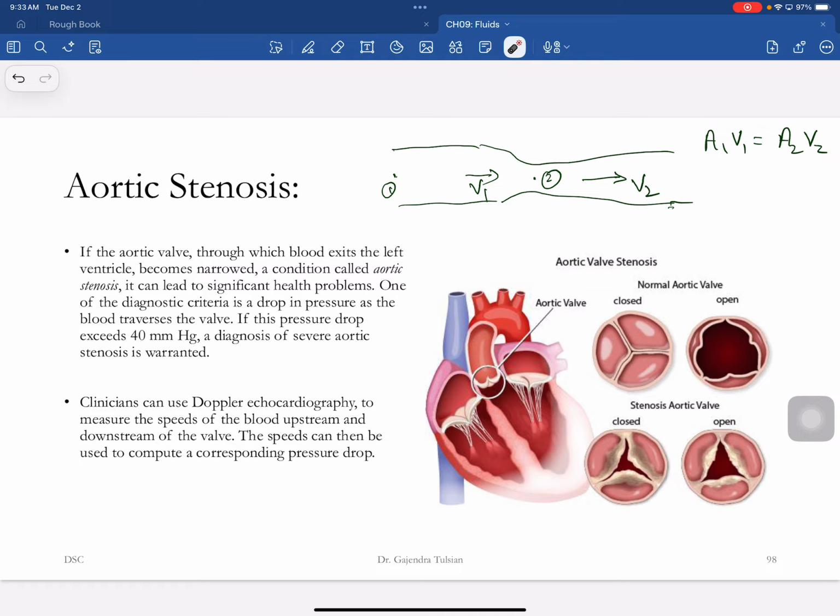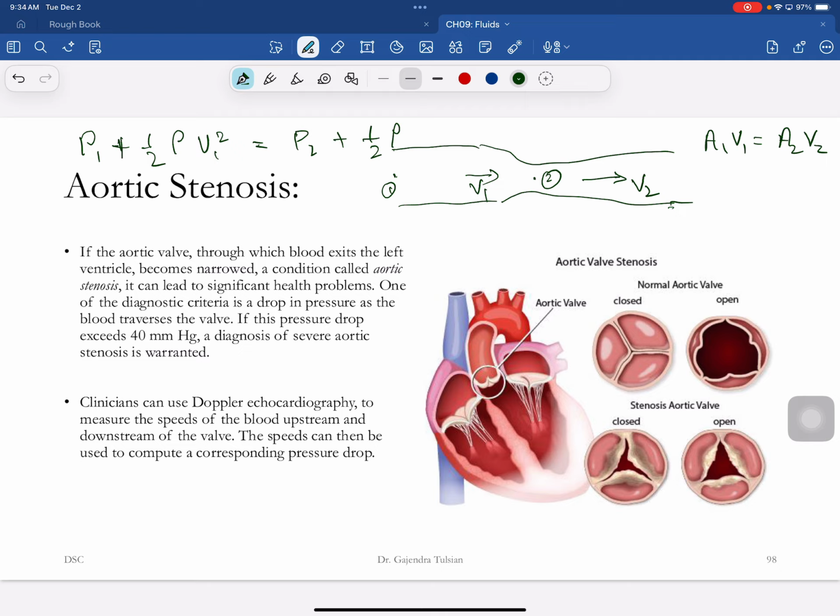All right. Here's another equation that we saw, Bernoulli's equation. P1 plus 1/2 rho V1 squared. This is Bernoulli's equation.